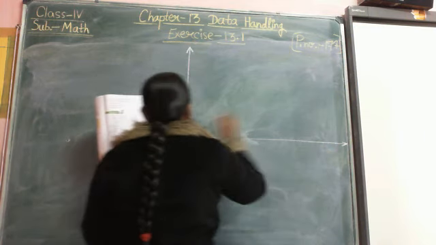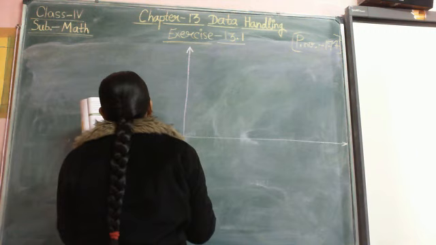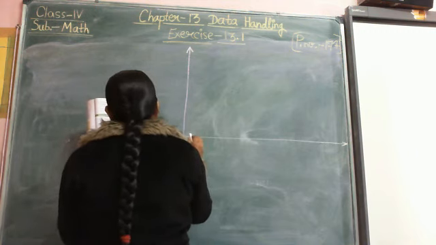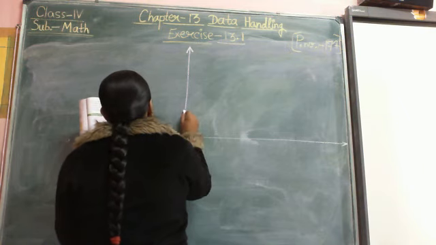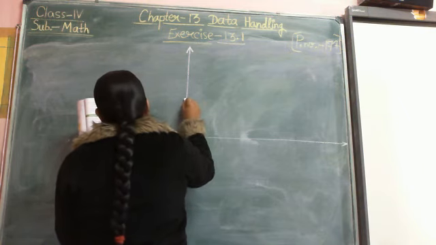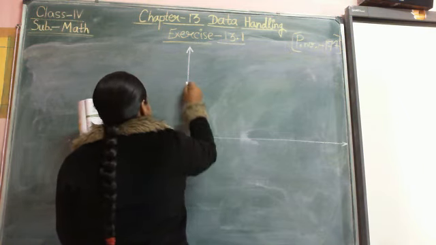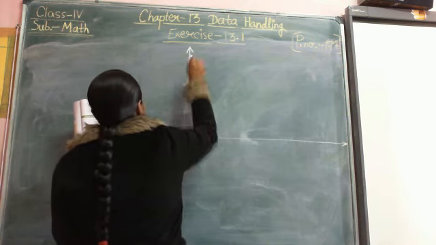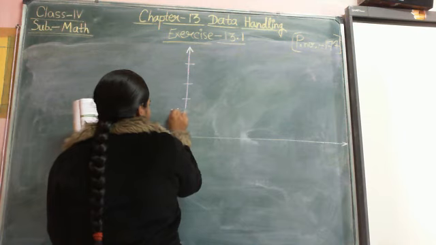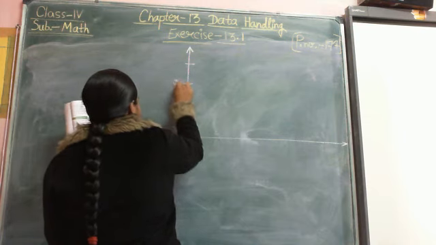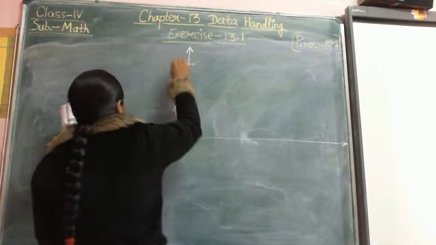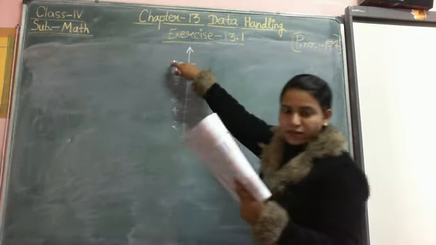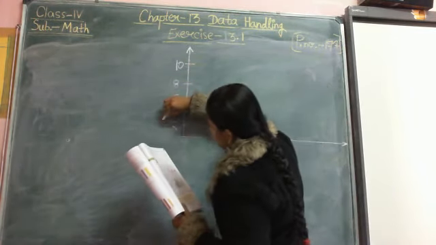Horizontal line, vertical line, right? On the vertical line: 2, 4, 6, 8 and 10. Here is the number of hours spent.